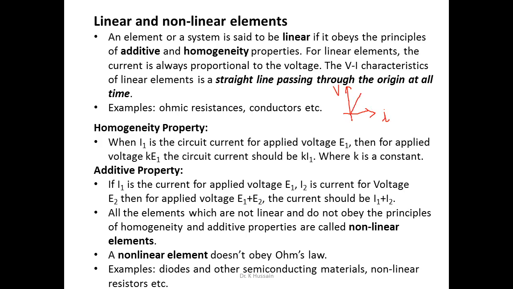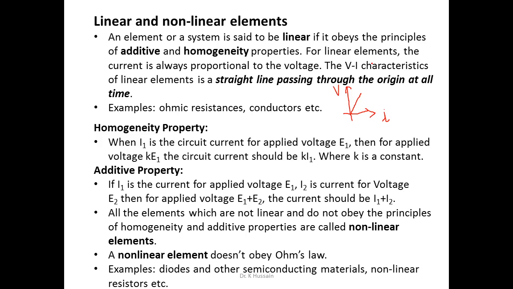That is the main thing, and that is also at all times. Then it obeys both the properties, homogeneity and additivity. So those types of elements are called linear elements.